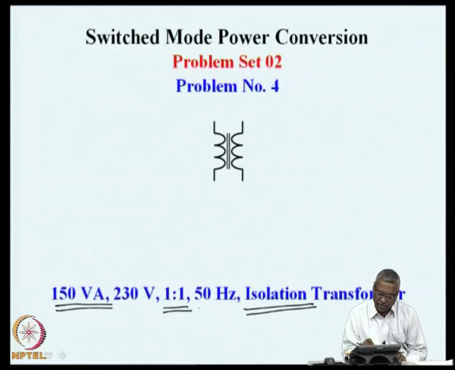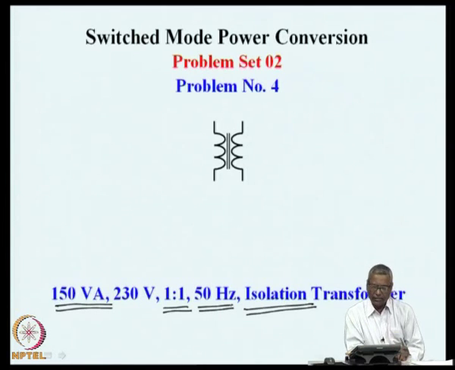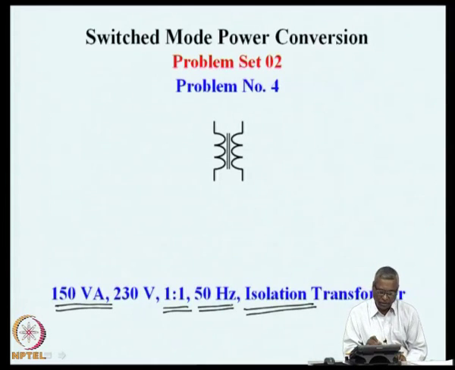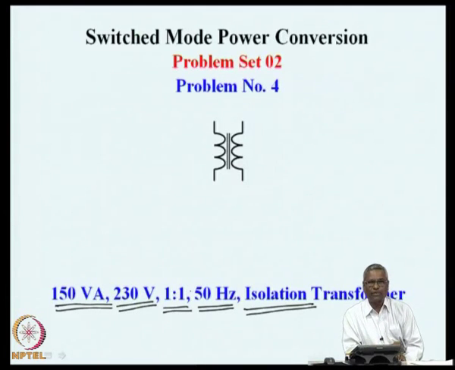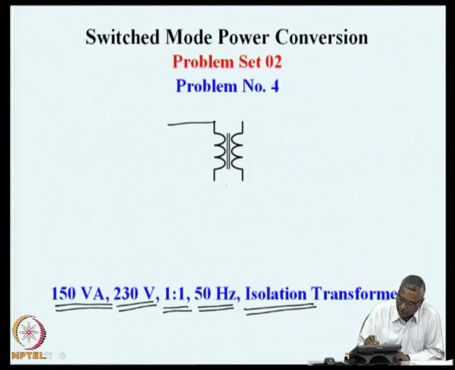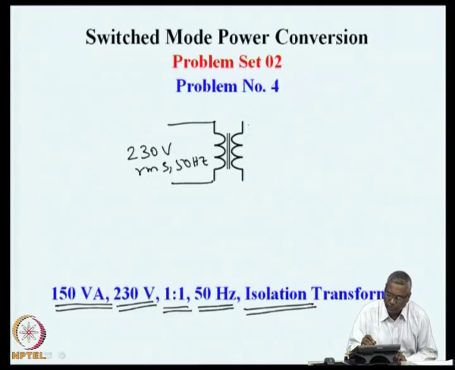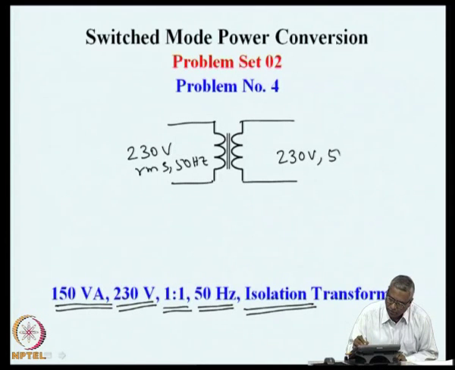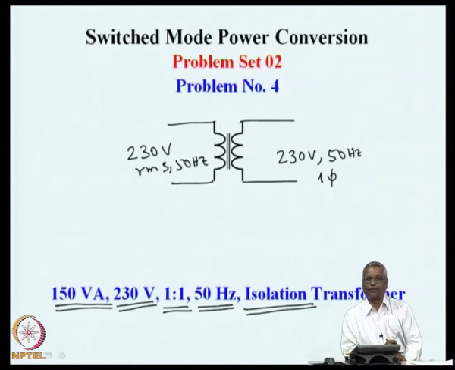In this particular example, the transformer that we want is a 50 hertz transformer, and it has a primary rating of 230 volts, and because it is a 1:1 transformer, secondary voltage is also 230 volts. So, this transformer is excited with 230 volts RMS 50 hertz sinusoidal voltage, and the secondary is also 230 volts 50 hertz single phase AC.